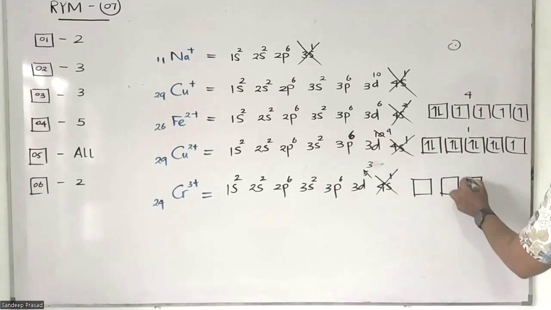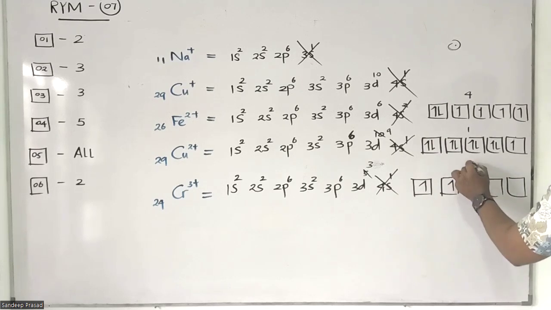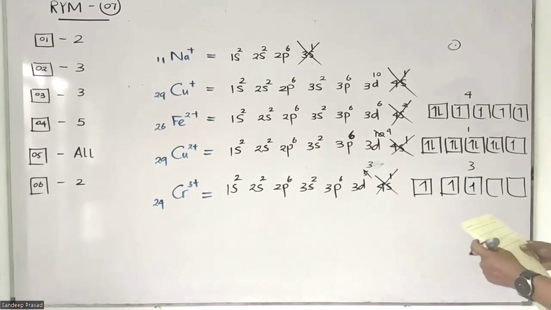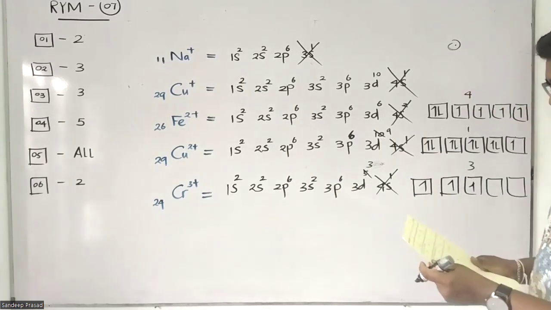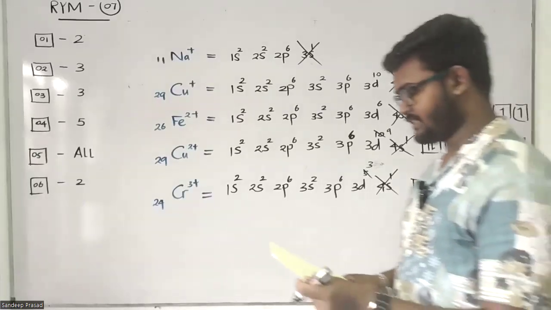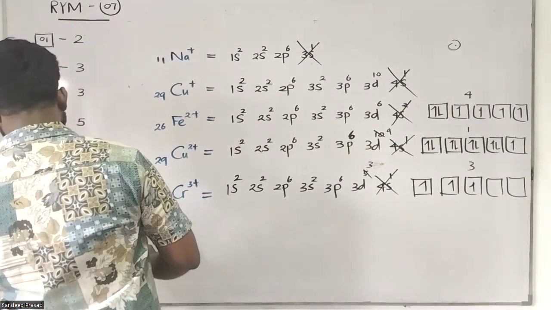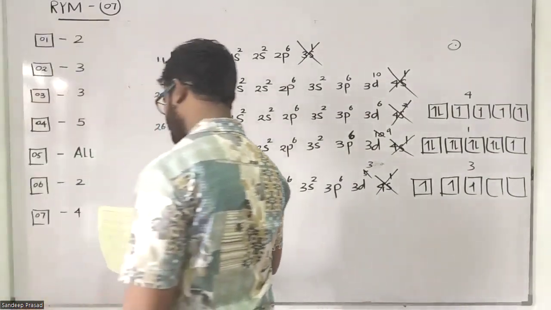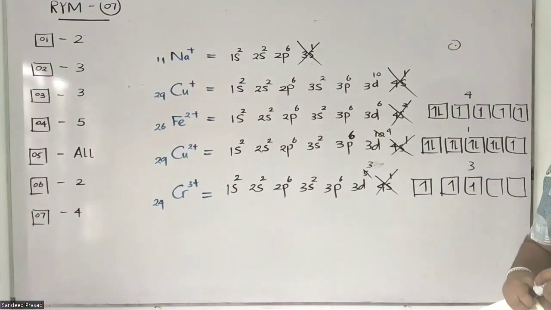In 3d3 we can see there are 3 orbitals, 3 unpaired electrons. So the species that has only one unpaired electron is Cu2+. The answer is the 4th one. Question number 7, the answer is the 4th one. Very easy, electron configuration. Okay.